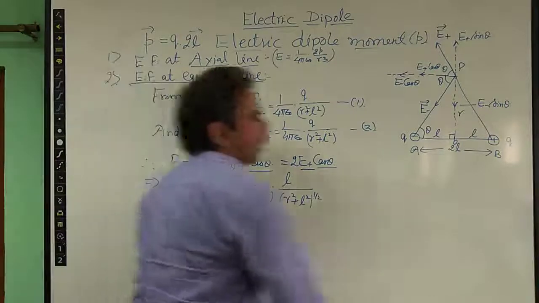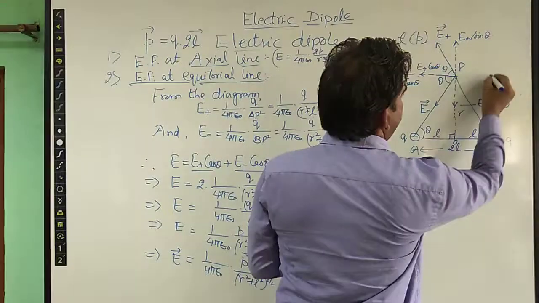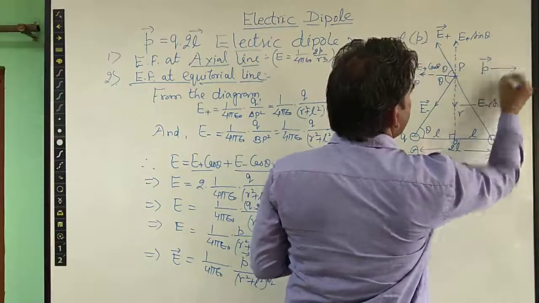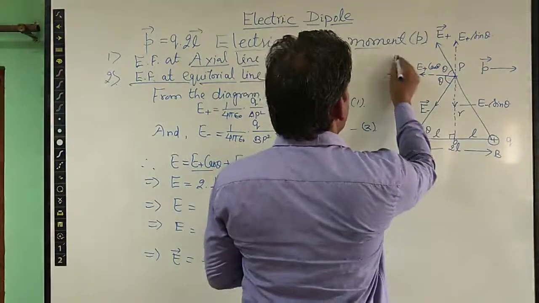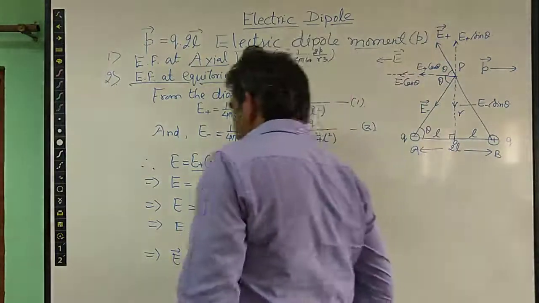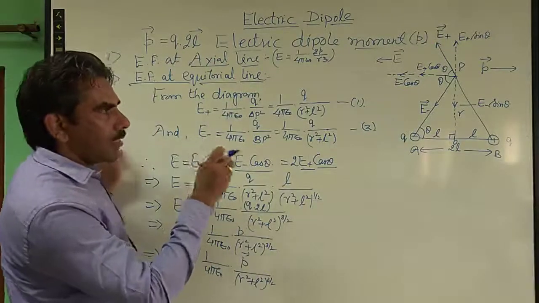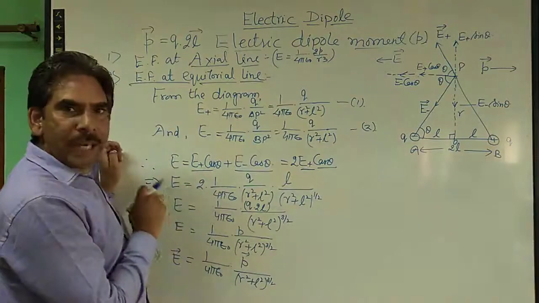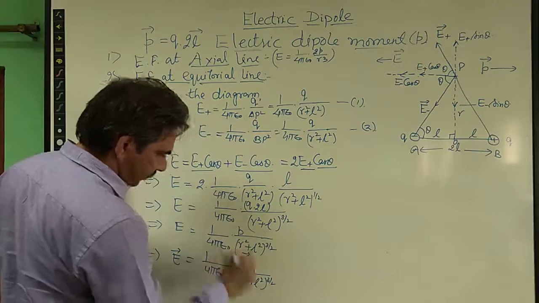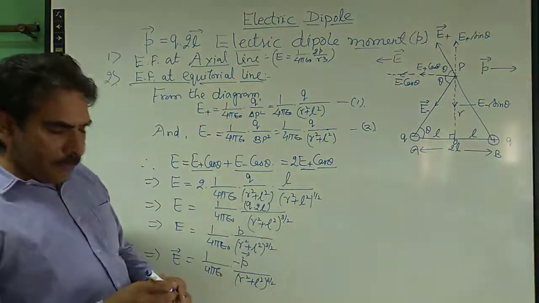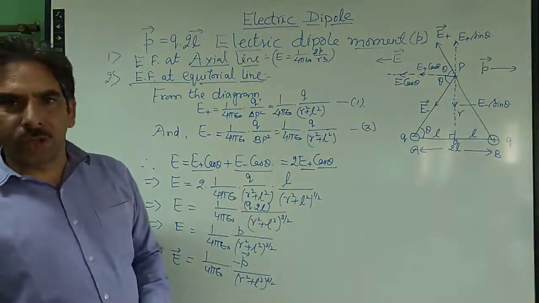But P is directed from negative to positive, so this is the direction of P. And the net electric field will be along this direction. So from the situation, the vector form shows that the electric field is opposite to the direction of the dipole moment. So we can put a minus sign here. This is the simple representation of the electric field due to an electric dipole in vector form at its equatorial line.